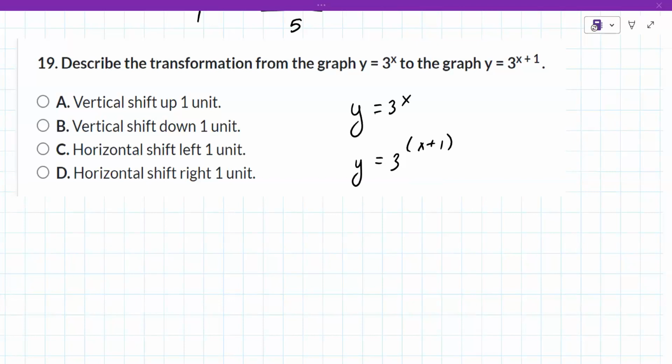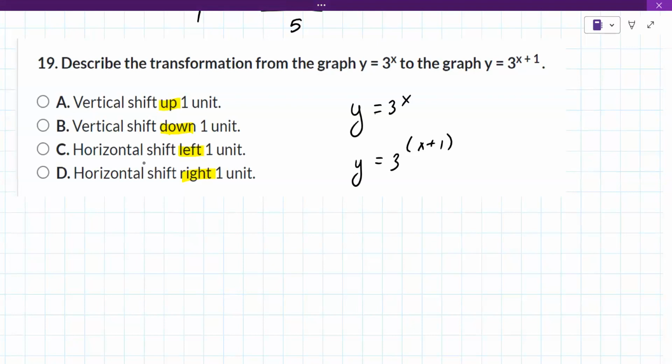All right. Let me just go to the Desmos graph. And keep in mind the words that you're seeing in the answers: up, down, left, right.